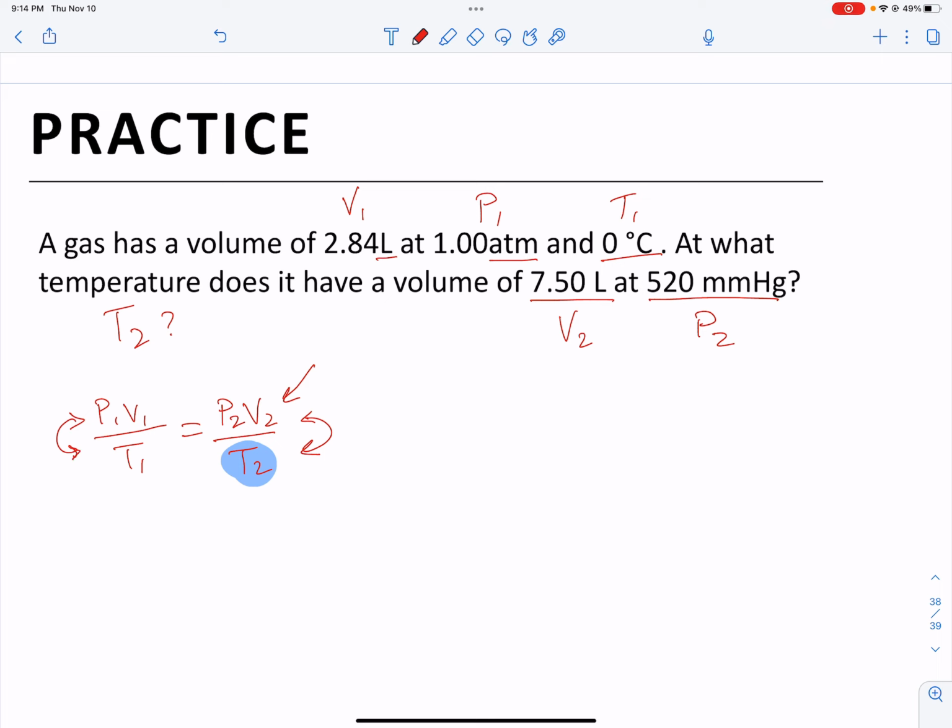All right, so when we do that, what do we get? We'll have T1 over P1 V1 equals T2 over P2 V2. All right, now we can solve for T2. So we're just going to move P2 and V2 by cross multiplying. Why are we multiplying? Because they're on the bottom. And the only way to get them to cancel is to multiply them on both sides. So when we do that, if we clean up our equation, we are left with this new one.